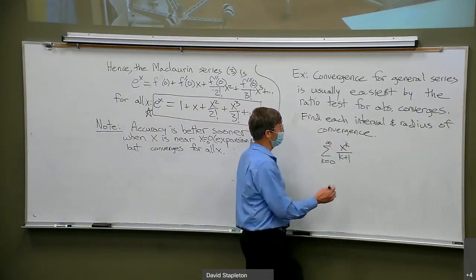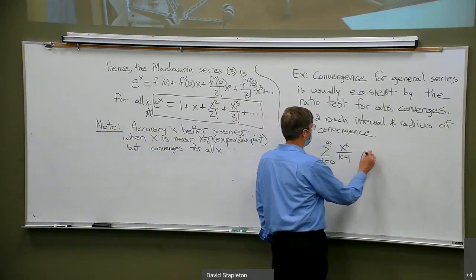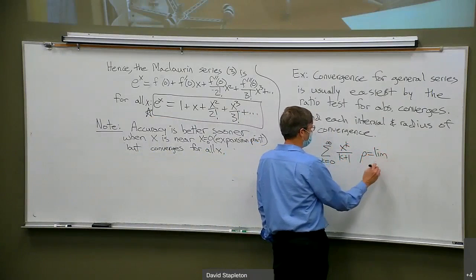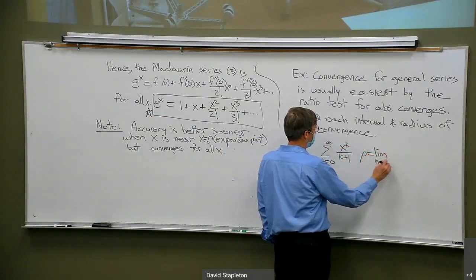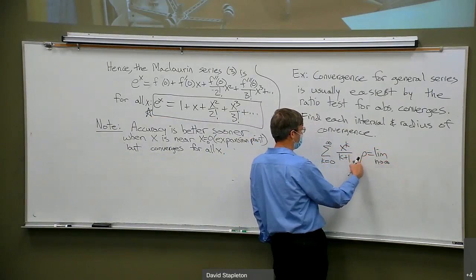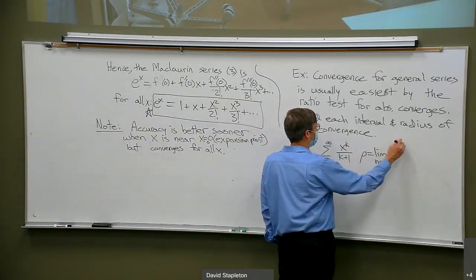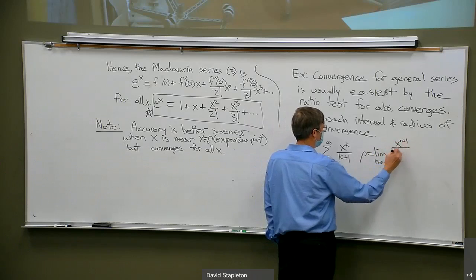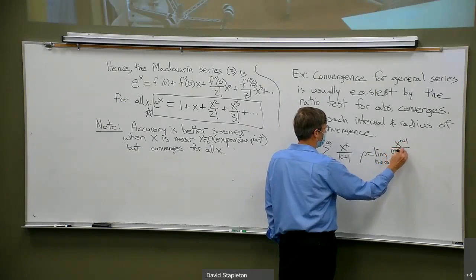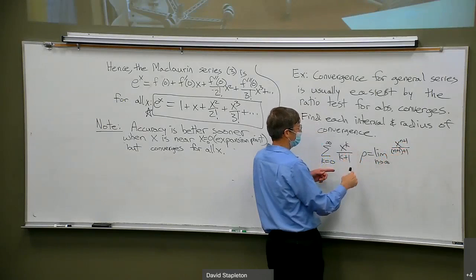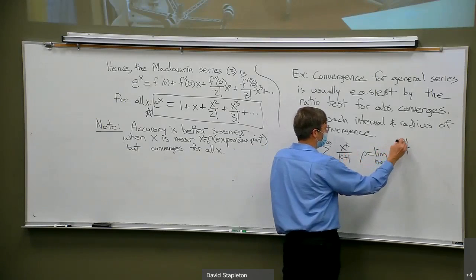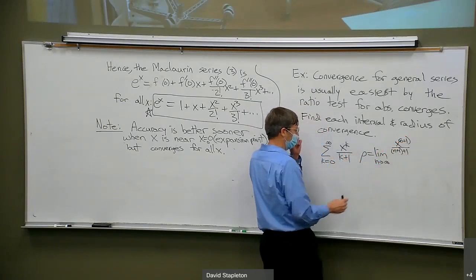Again, you just, by instinct, go to the ratio test first. So this will be the limit as n goes to infinity of the n plus first term. You just replace k by n plus 1 and put x to the n plus 1 over n plus 1 plus 1. Just everywhere you see k, put parentheses and put in n plus 1.